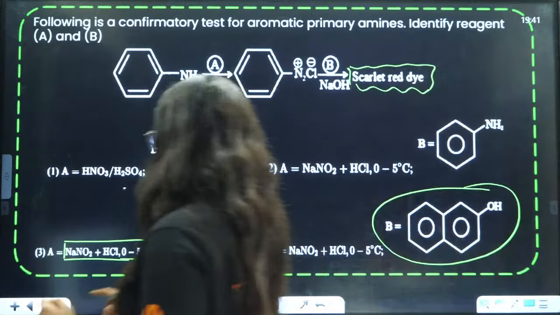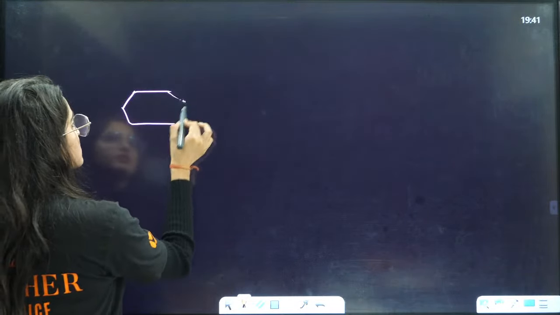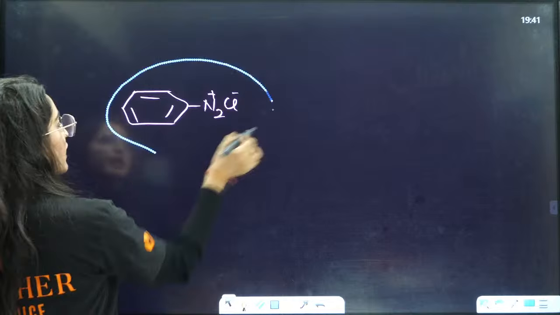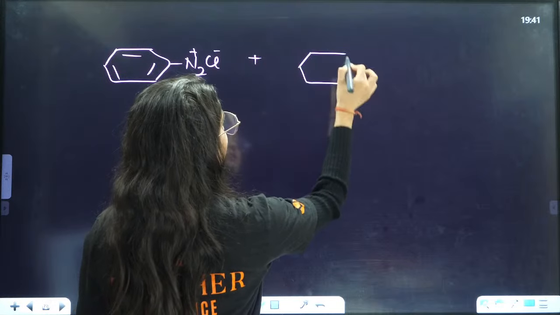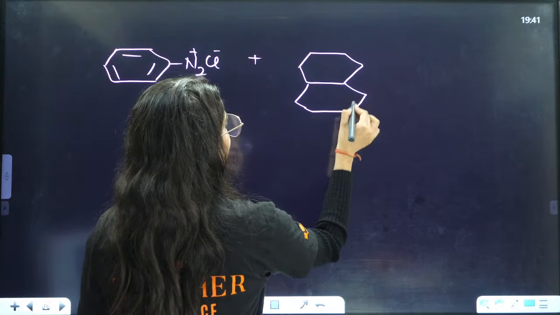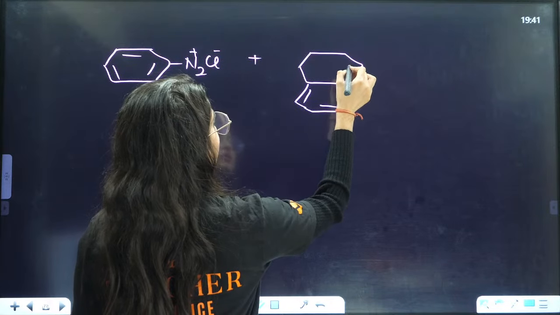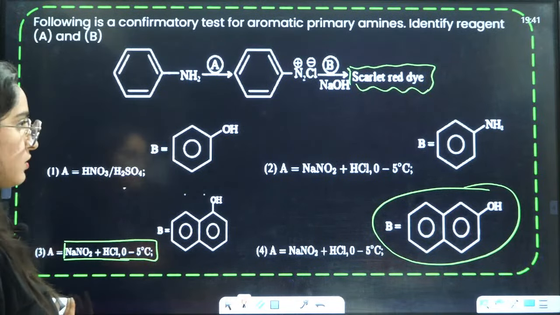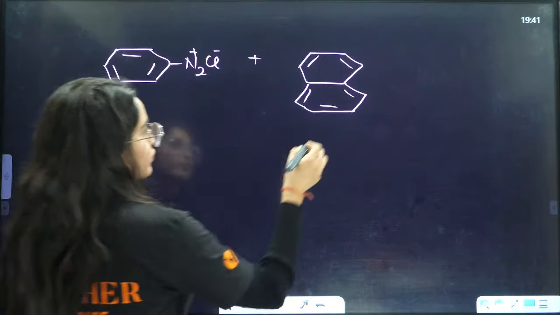How is it formed, everybody? Let us see. This is your diazonium chloride, and this is the product. This is a reactant. On one benzene, after leaving one, you have OH.